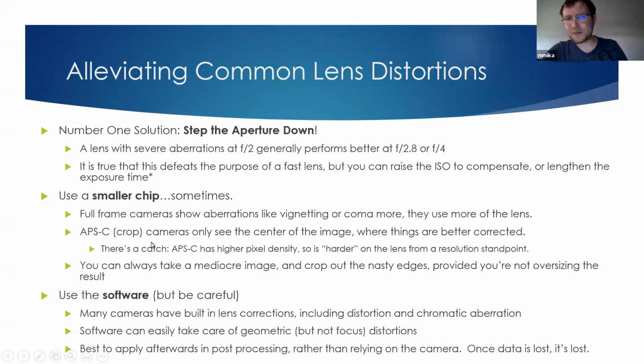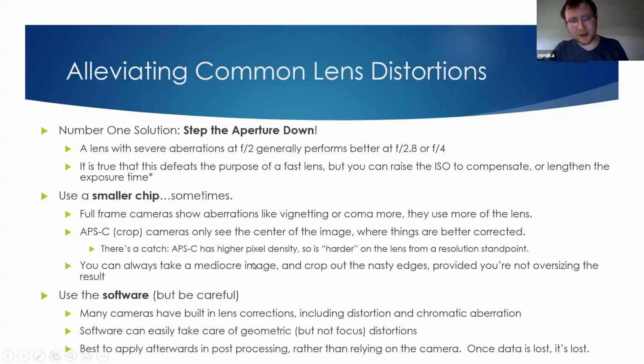This is why sometimes the crop sensor cameras rather than full frames perform better on both lenses and telescopes, because they're not so demanding in terms of the size of the field where they need everything to be perfectly corrected. The one catch is that usually with an APS-C camera, a smaller camera, you have the same amount of pixels. In a smaller sensor, those pixels are smaller and the lens can fall apart in terms of resolution.